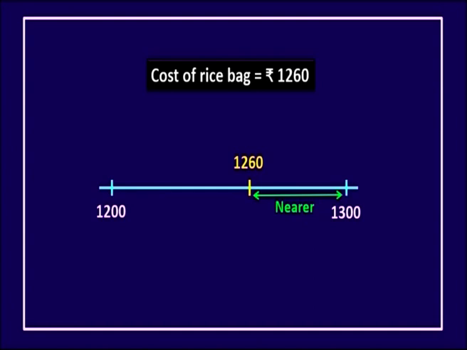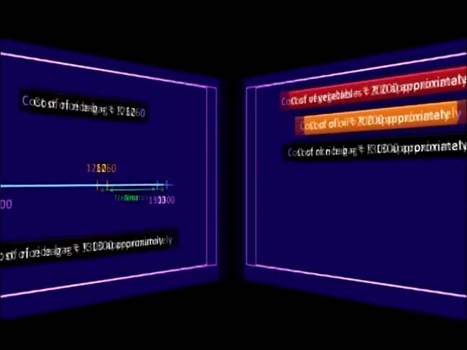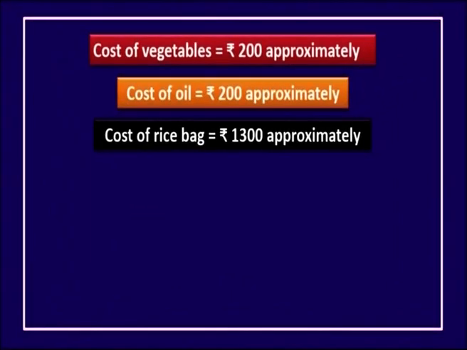That is, 1260 is nearer to 1300. Hence we can write the cost of the rice bag as 1300 rupees approximately. So children, we have got all the approximate prices, or the estimation of the cost of vegetables, oil and rice bag, which is 200 rupees, 200 rupees and 1300 rupees.